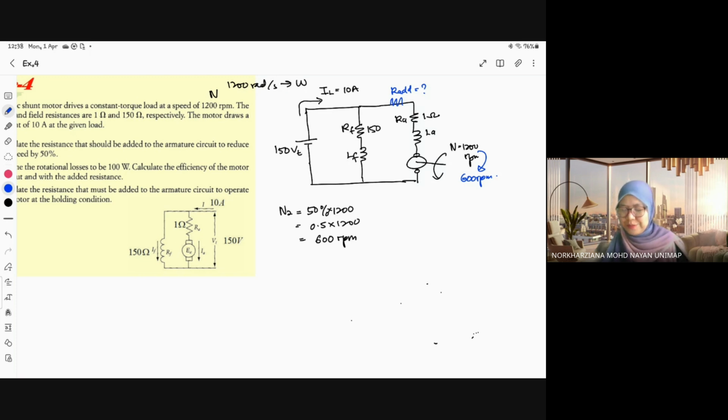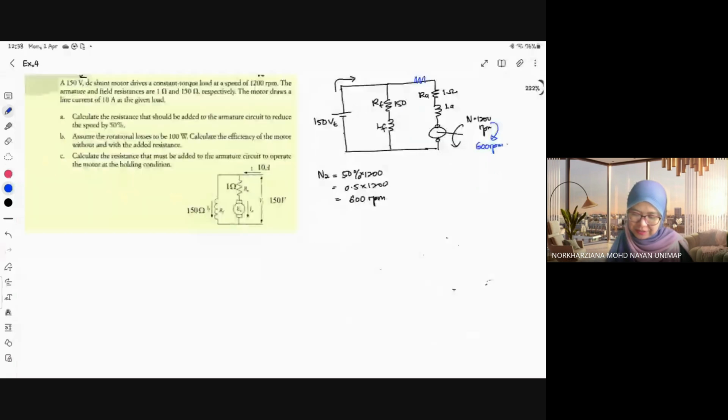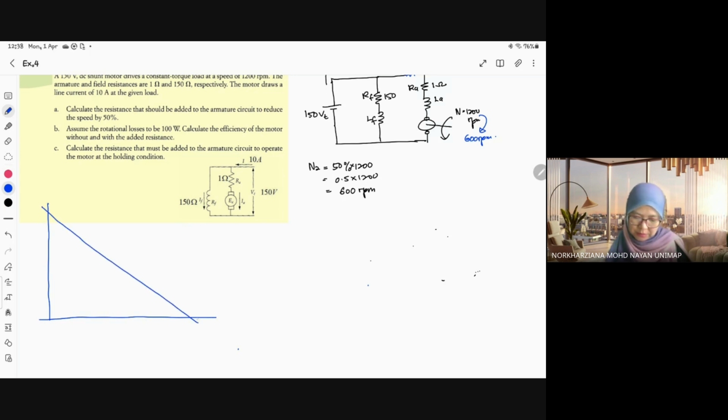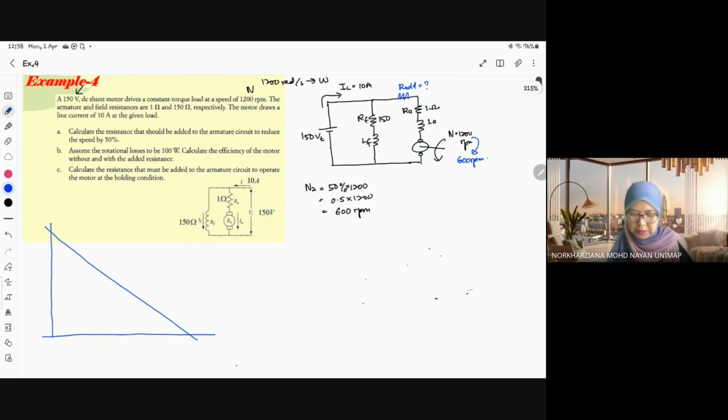What else can help you is your graph. So this is your graph. Let's say this one is the original, with its own set current.